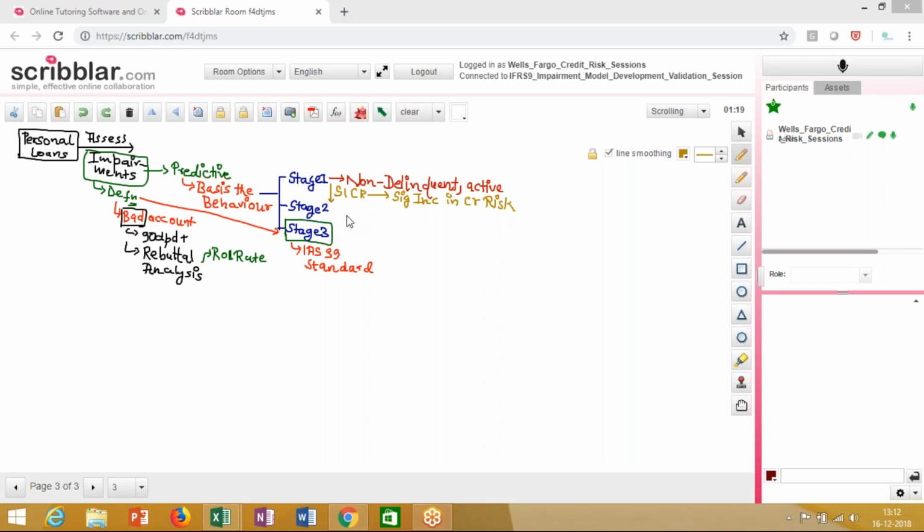Okay, so once an account undergoes a significant increase in credit risk, and I'll just put it over here as an observation, it's defined in terms of account level factors.